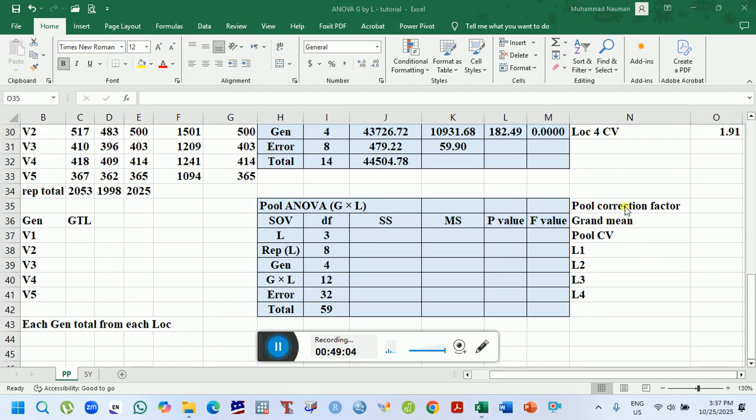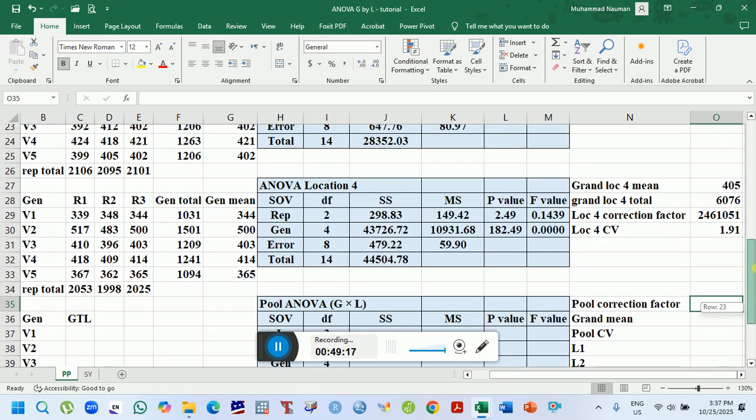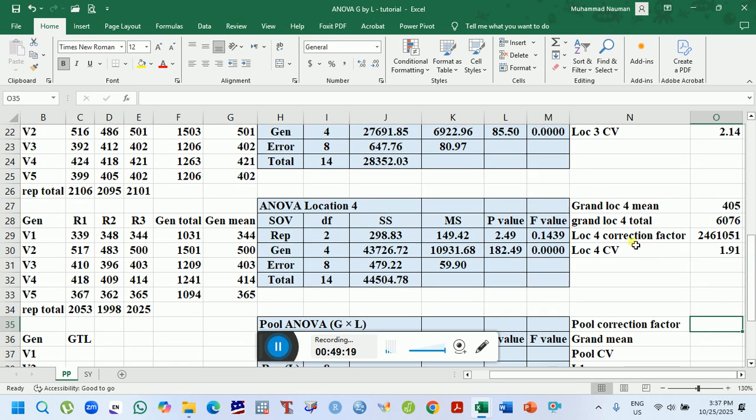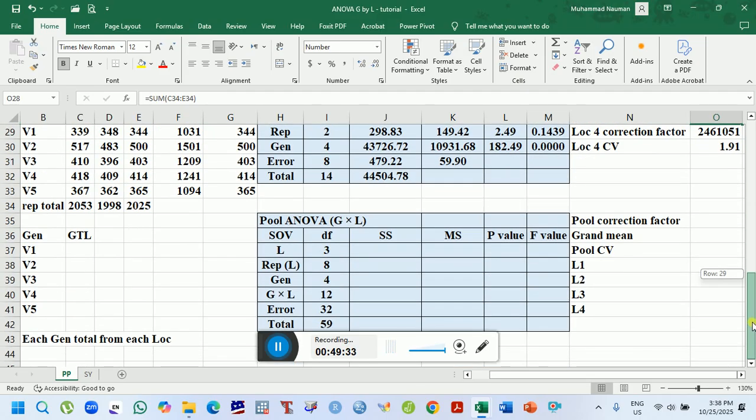In order to calculate the pooled correction factor, first we will sum all the location total counts. That is the sum of the grand total of location 1, location 2 and location 3. First we will calculate the sum of these locations.